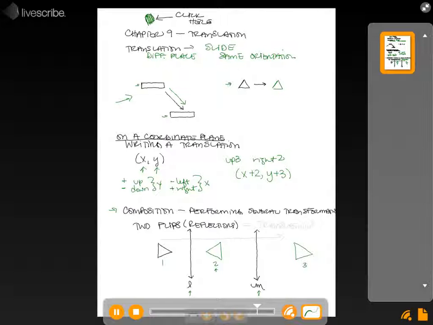Now what I want you to see is that when I perform 2 reflections, 2 flips, what I end up getting is a translation. What's really happened is that this figure has slid over to its new location on the right-hand side of the page. Okay? And that's what I want you to remember. 2 reflections give you a translation, and that's an example of a composition.